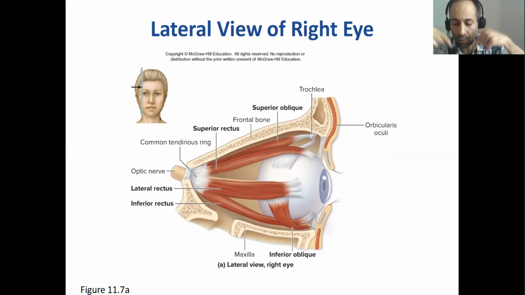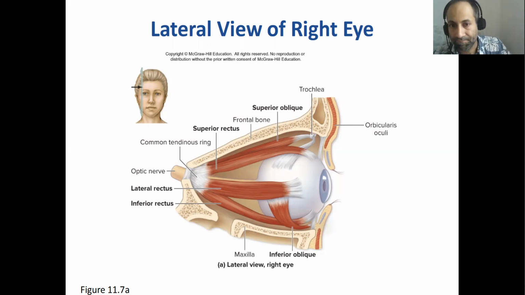Inferior rectus, looking down. Simple enough. Superior oblique, interestingly, even though it is a superior muscle, causes your eyeball to move downwards and medially. And inferior oblique, even though it's inferior, allows your eyeball to move upwards, superiorly and laterally.